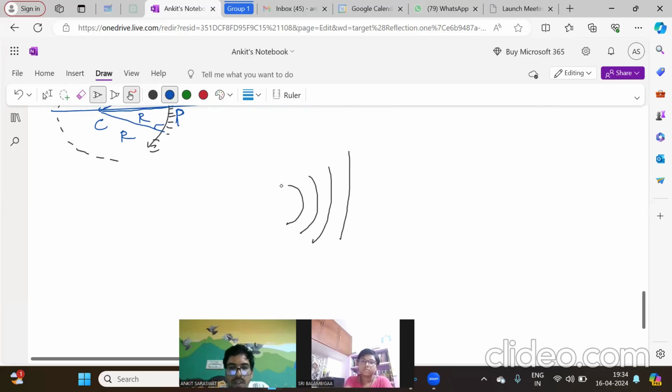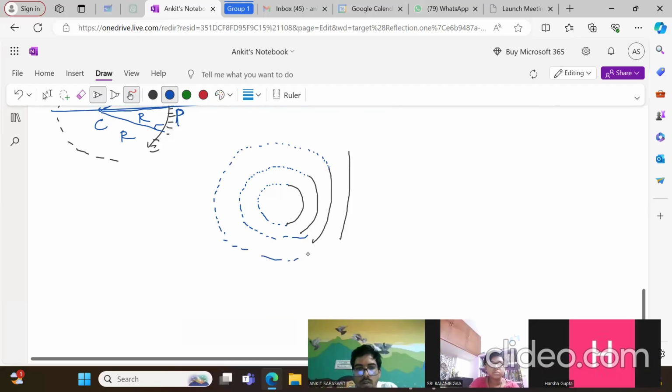So now I will complete a sphere. From which sphere is this mirror a part? This is mathematics, okay? This mirror is a part of this sphere. And for this, it is very big, you can't draw.